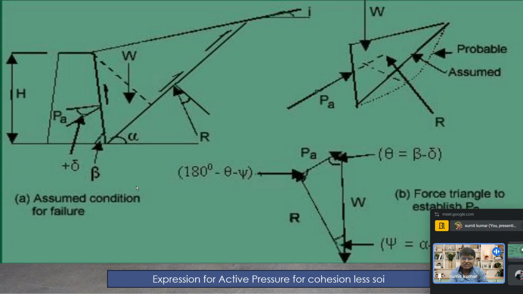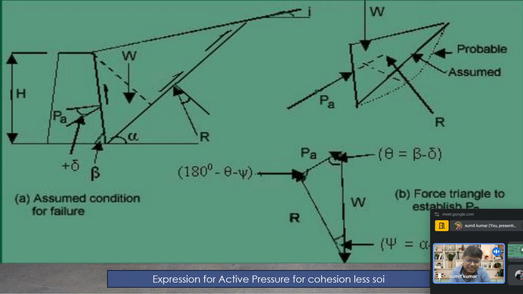So when we see here, as we are talking about the expression for the active pressure for cohesionless soil, you can see alpha and beta represented and the direction of PA mentioned. When it is broken out in the diagram on the upper right side, you see W acting in the downward direction, PA acting as shown in figure A, and the probable assumed surface and its distance are also shown.